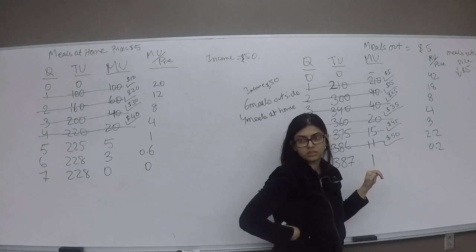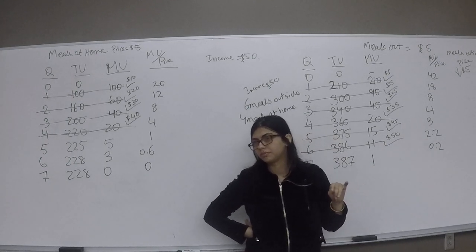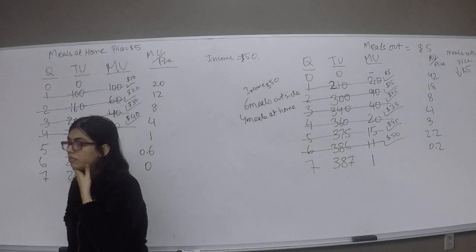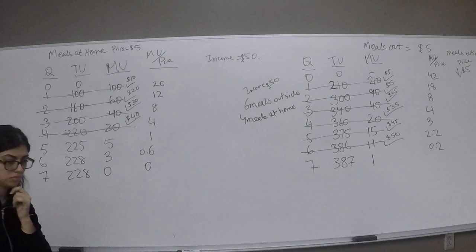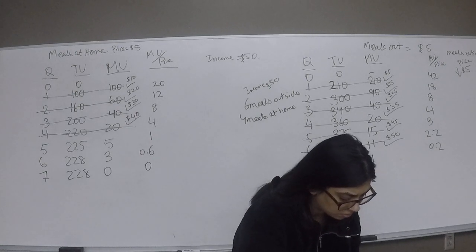Because I'm looking back at the old example where the meals outside still have the $10 price, and at the fourth meal they both have 20, but the marginal utility for meals out is less. So that's 2, while the one at home has 4.